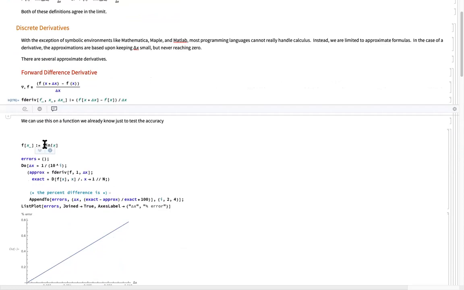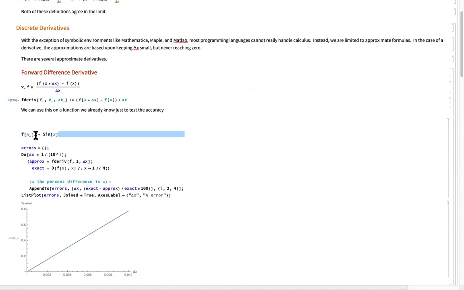And here I've got a little example. We're going to apply this forward derivative function on sine of x. That's easy enough to do. Let's just move this over for a second. We'll put that up here.